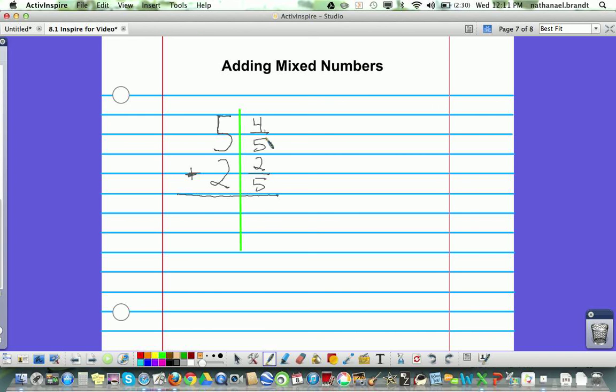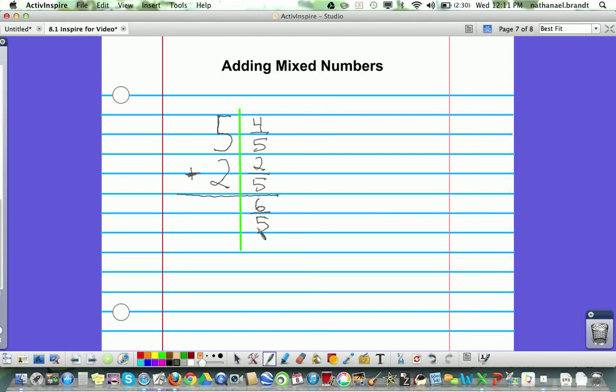So, starting on the right side, we add the fractions first. 4/5 plus 2/5 equals 6/5. Now, what kind of fraction is 6/5? Hopefully you said an improper fraction, and that's going to come into play here in a second.